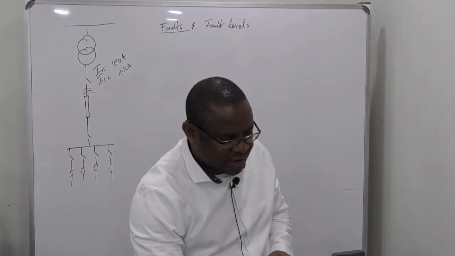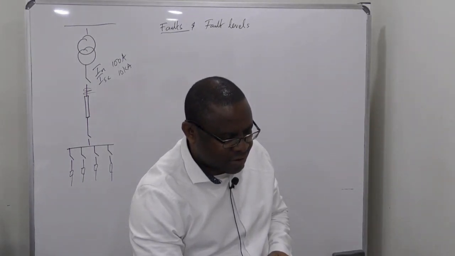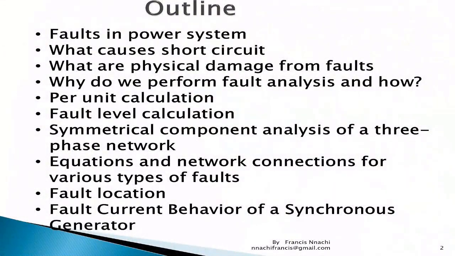So these are the things we are going to cover. We are going to look at faults in power systems. Then we look at what causes short circuits, and the physical damage that we can get from faults. How do we perform fault analysis?